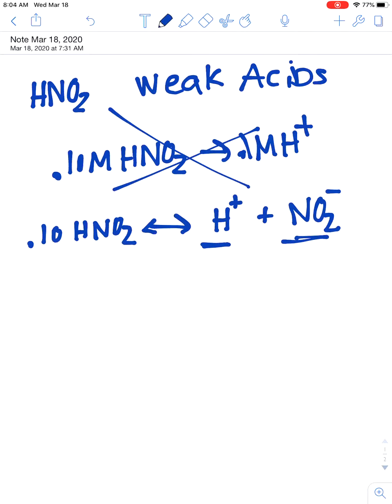So you could have, say, 100 HNO2 molecules, and you could end up ionizing into one of these and one of these, which then would turn that into 99. So when you're drawing or writing a weak acid, you keep it together because it does not really break up at all.